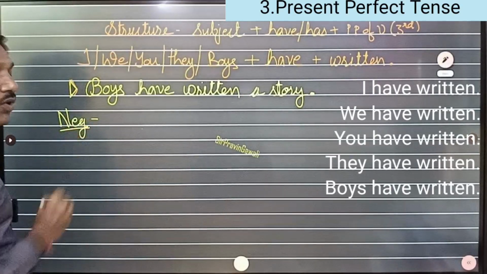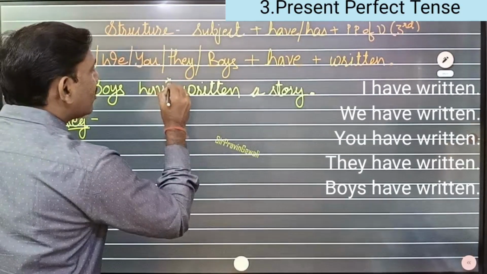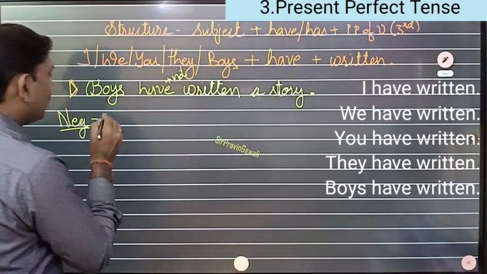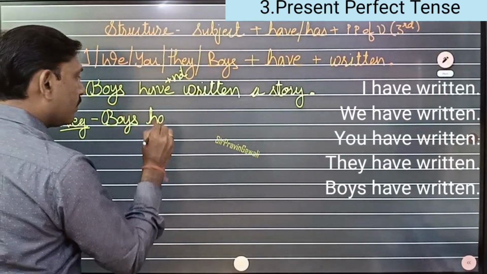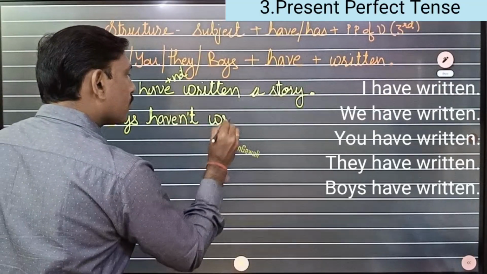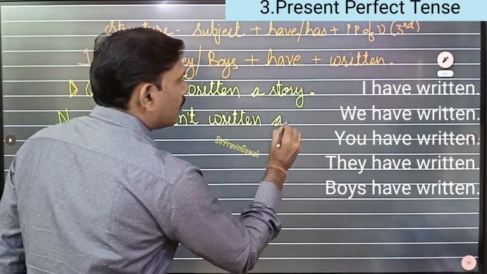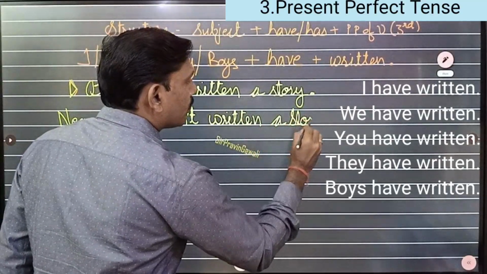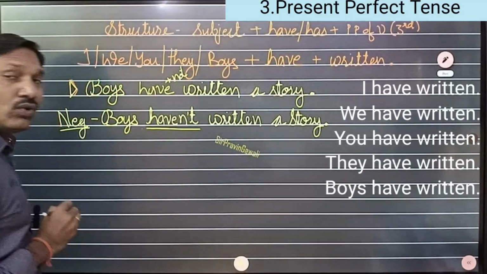As earlier I have told you, we know that we just have to add not to it. Okay, for example, boys haven't written a story. Okay, students, so this is negative. Just we have to add not to have.